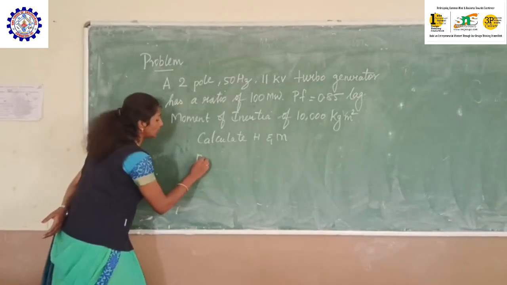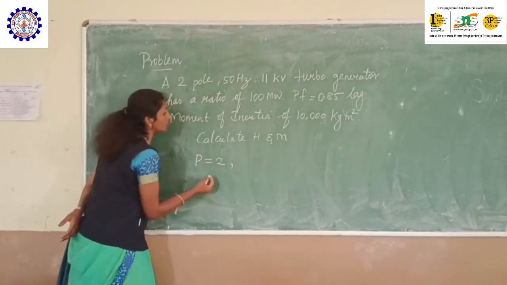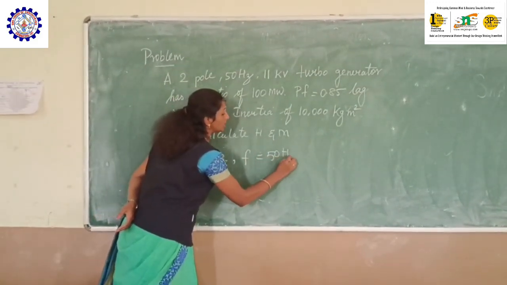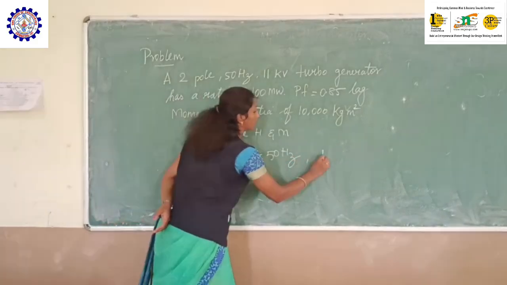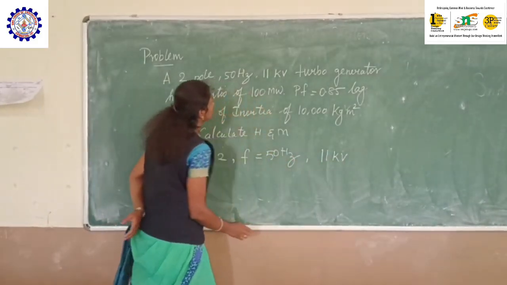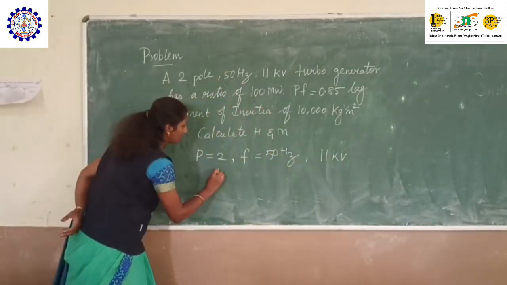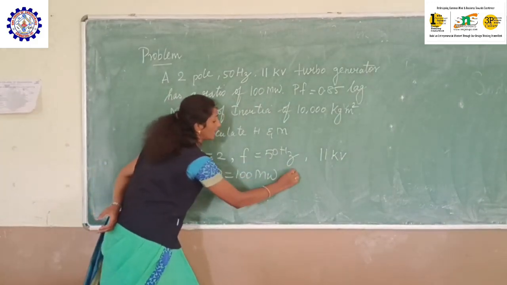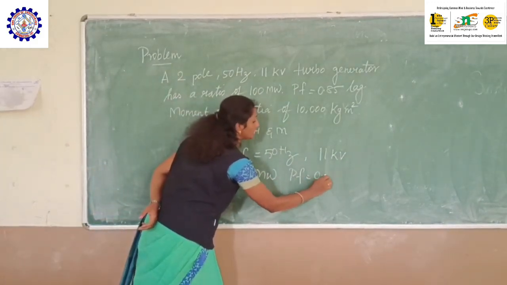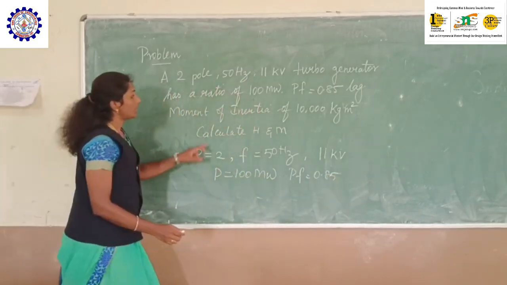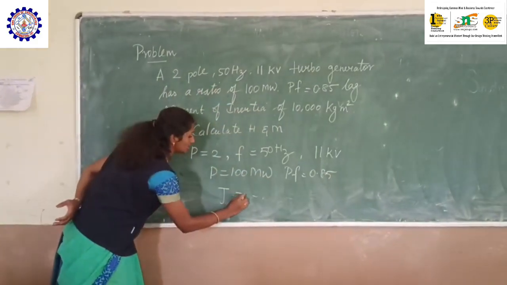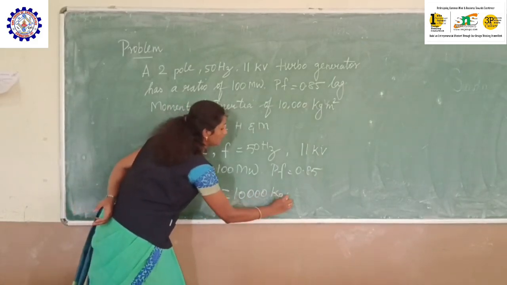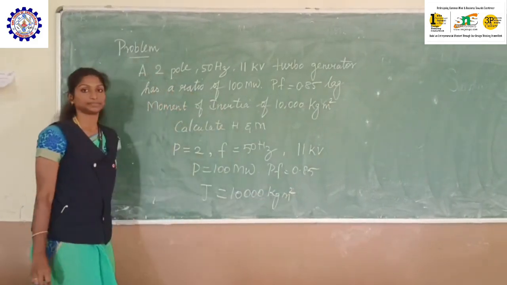So poles can be represented as P, so P is equal to 2, frequency F is equal to 50 Hz and 11 kV, where we have a power of 100 megawatts and power factor 0.85 and moment of inertia J is equal to 10,000 kilogram meter square.